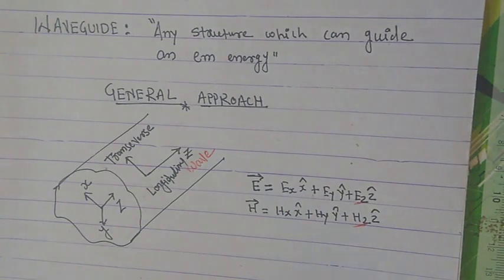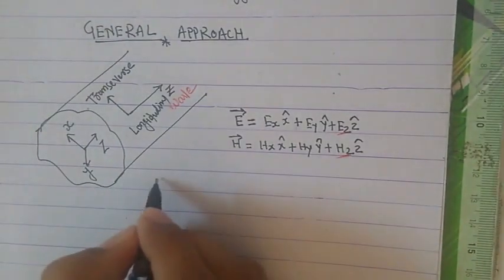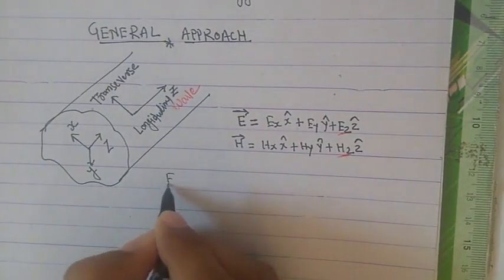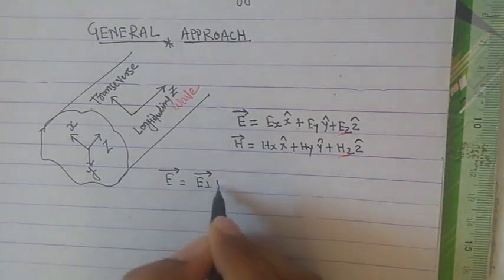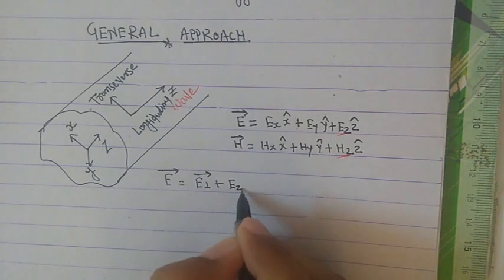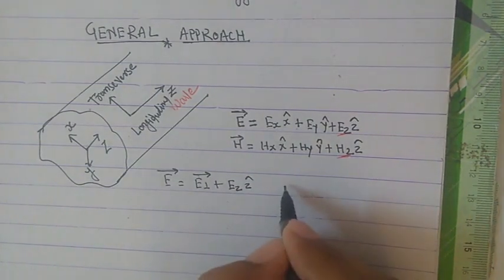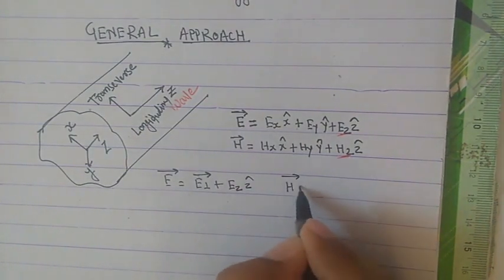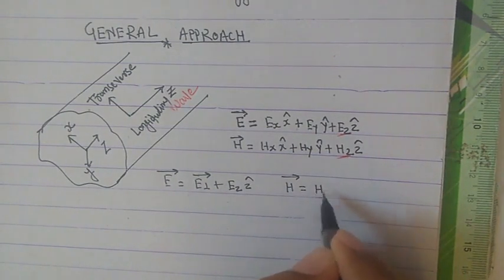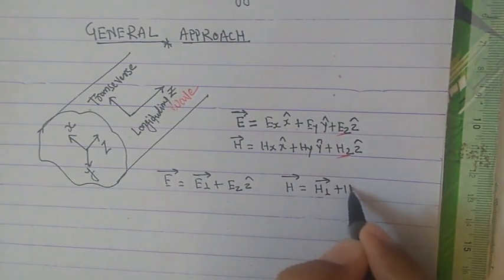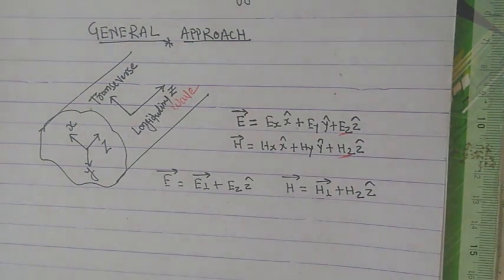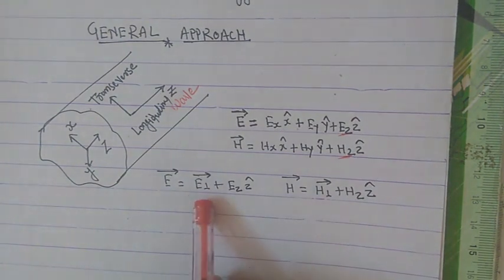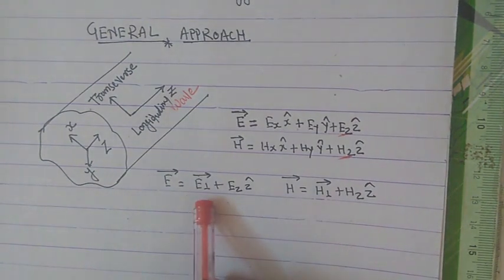So one can write the electric and magnetic fields as E equal to E transverse plus Ez z, and H equal to H transverse plus Hz z. This E transverse is a vector quantity and lies in the xy plane.